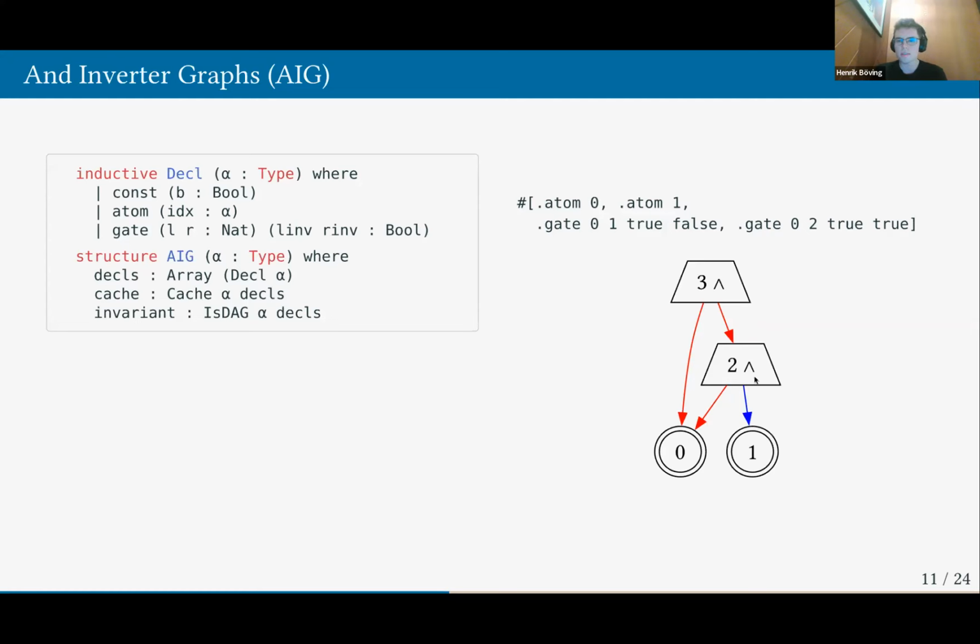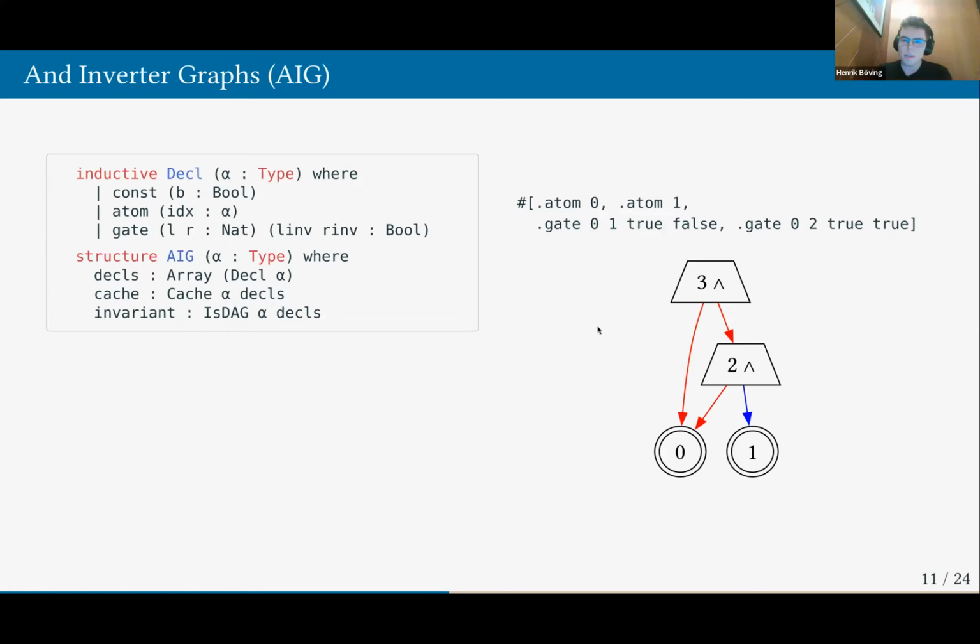inverted or not inverted. And the way we represent this in Lean is through this Decl data type, where we can have either constant nodes, of course, so constantly true or false nodes, input nodes, or gates. And one particular thing here is that the left and right side of a gate is not a declaration, but a natural number.